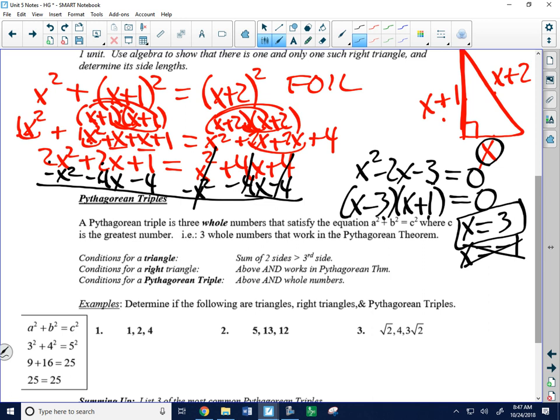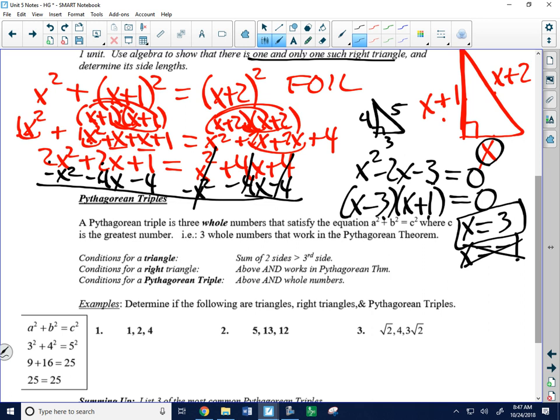If this second one would have worked, there would have been more than one right triangle that would have worked. This says show that there's only one right triangle that works in this equation. So here's what it is. x is 3, 3 plus 1 is 4, and 3 plus 2 is 5. Those are the side lengths.